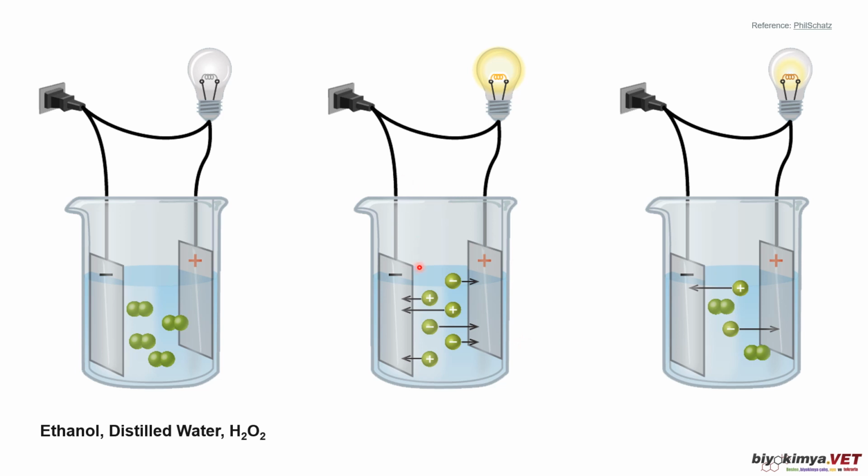And in here, the substances are completely dissolved in ionized state, and electric conductance occurs, and the light is on. This is an example of a sodium chloride solution, and we call them strong electrolytes if the substance is completely ionized.